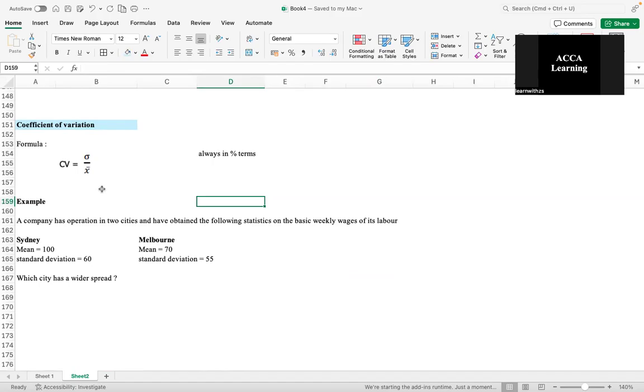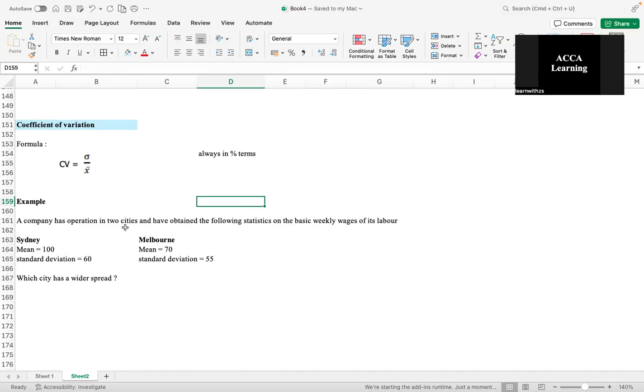It also provides relative measures of variability across all the data sets, which can be much more meaningful than the absolute measure, like your standard deviation. And it can be used to identify data sets with high or low relative variability. Okay. So if you have to calculate coefficient of variation, this is your formula. Now let's look into an example.